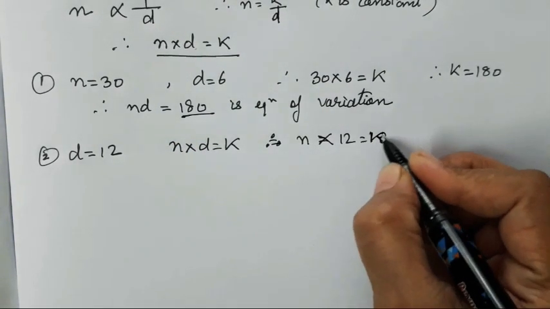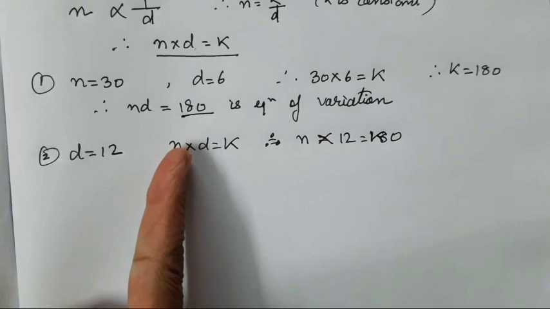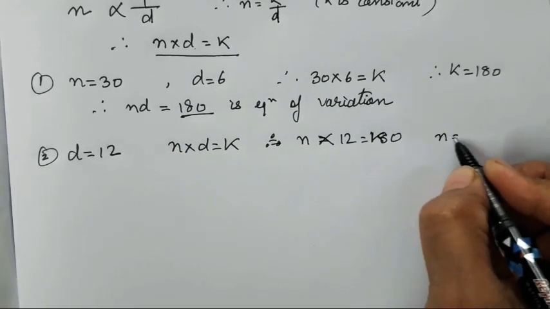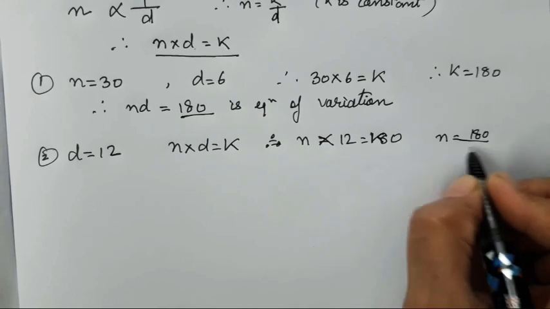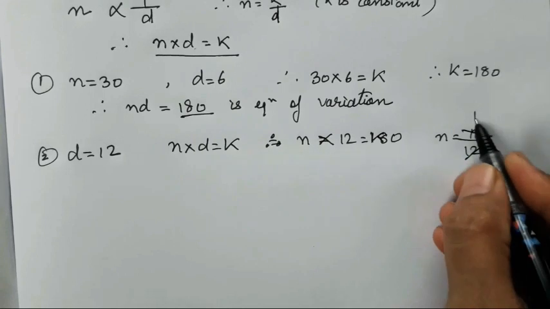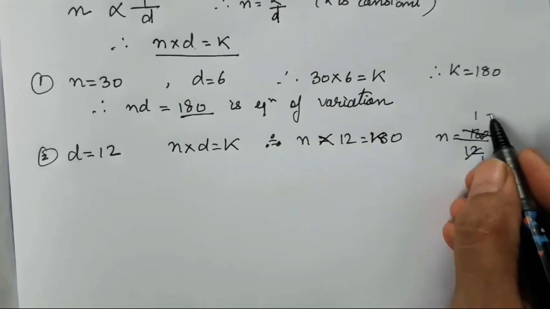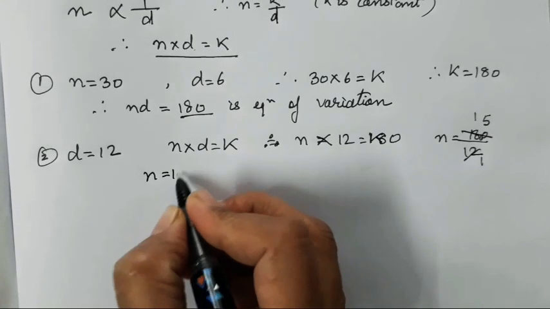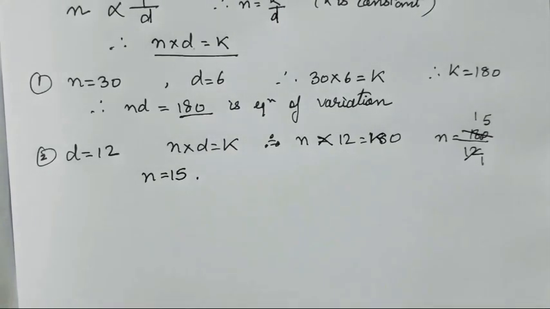So directly you can write 180 here, because we have already written the formula; we substitute everything into the formula. So n is equal to 180 upon 12. 12 ones are 12, remaining 6; 12 fives are 60. So n is equal to 15. You have got it.